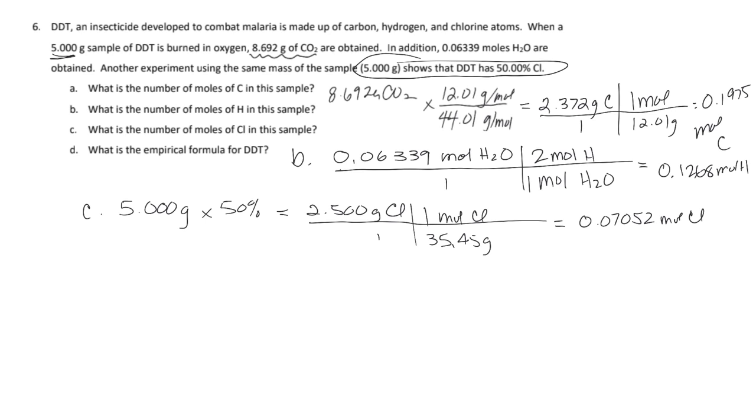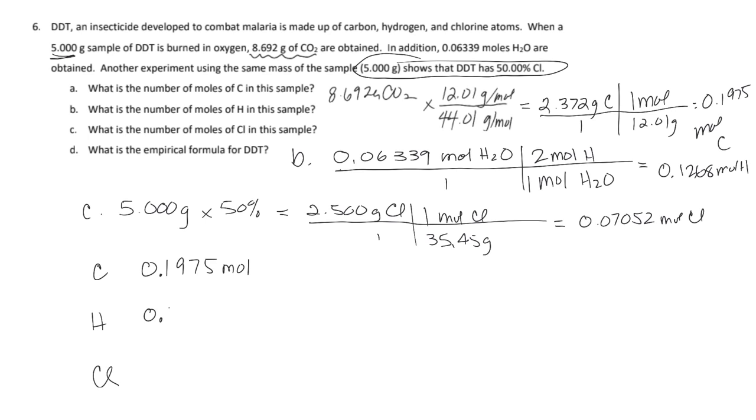Now D, when it says, what is the empirical formula? Well, I need to go and look at A, B, and C, because now I know the moles of each of my individual elements. I'm at the point now where if I divide by the smallest, I get the mole ratio. So I have carbon, I have hydrogen, and I have chlorine. Carbon, I have 0.1975 moles.